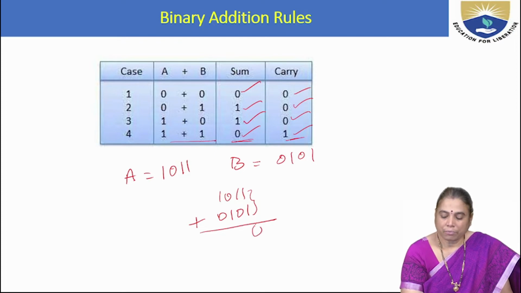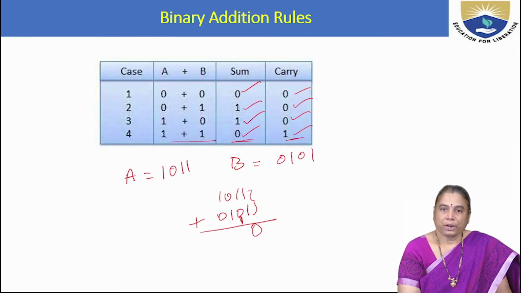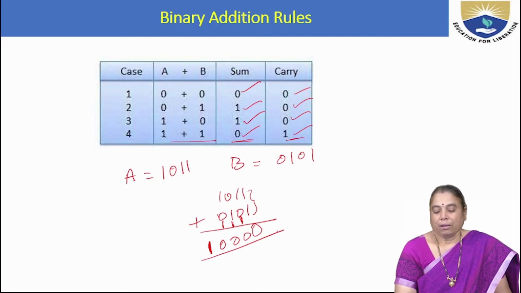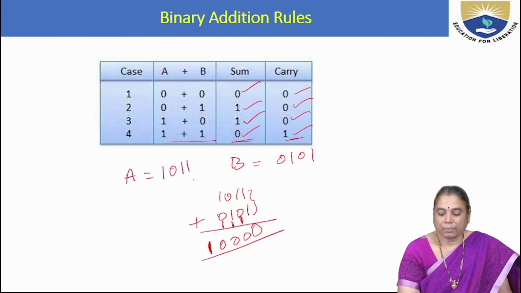So here the sum value is 0 and there is a carry that is forwarded to the next higher weight value. So here again 1 plus 0 is 1, 1 plus 1 is 0 plus a carry 1. Then 0 plus 1 is 1, and 1 plus 1 is 0 with a carry 1. So this is the binary sum value after performing the arithmetic addition.